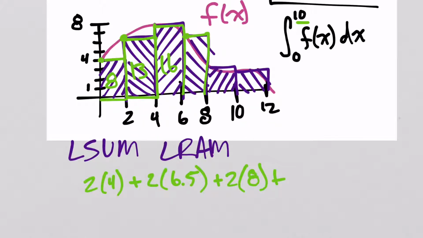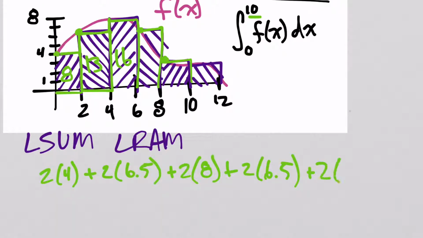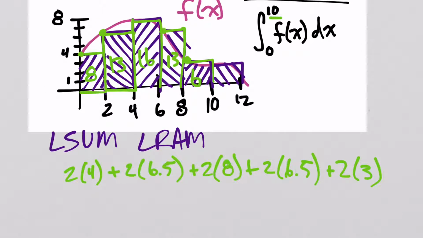That height appears to be pretty close to the height from that 13 area, so probably about 6.5 again, so 2 times 6.5. And then finally, this last one, over and down. Again, width is 2. Height appears to be 3, so 2 times 3. And so I have all those areas. Now I drew that purple rectangle in on accident, but my integral is going from 0 to 10 from the x values, and so I should not include it in my calculation.